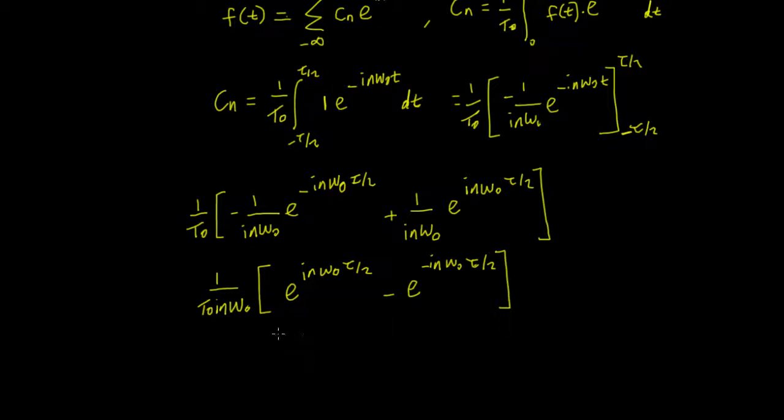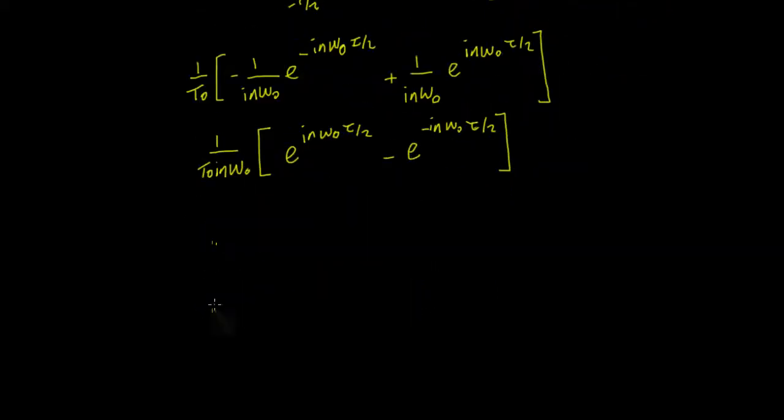Now this looks an awful lot like one of the exponential identities we've seen earlier. The sine identity is e to the I n omega minus e to the minus I n omega upon 2i. So we could replace this by the sine, but we've got an extra 2i at the bottom, so we'll have to multiply by 2i in order to do that.